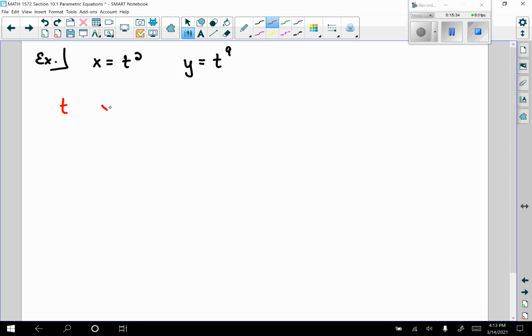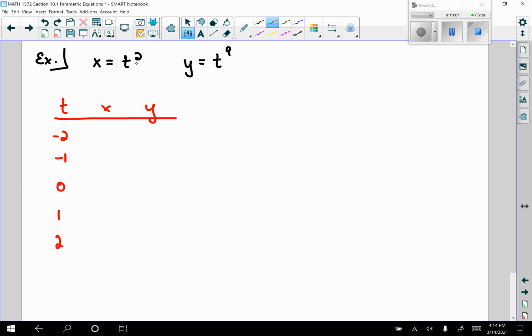So we've got t, x, and y. Now again, we want to work with some nice numbers, so I'm actually going to leave some space here, and we're going to just kind of start with the graph and see if we need to go back and talk about any other points. So I'm going to start with -2, then let's go -1, 0, 1, and 2.